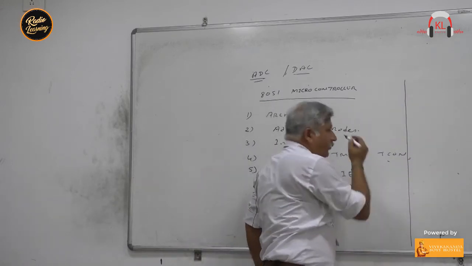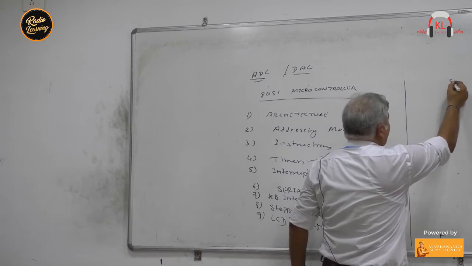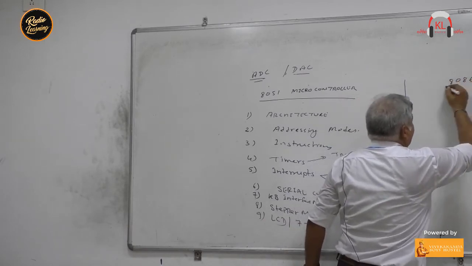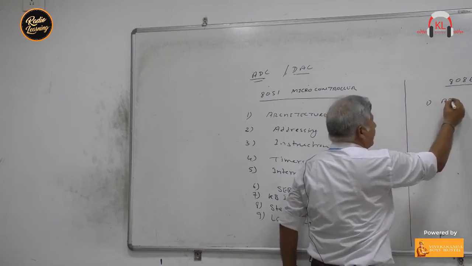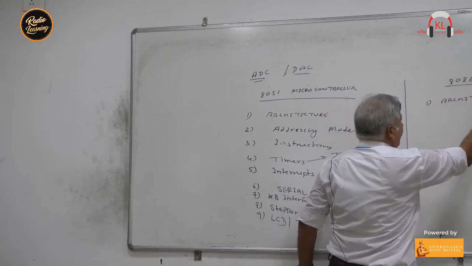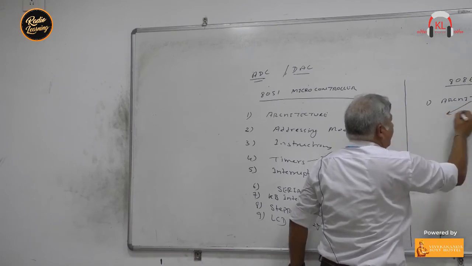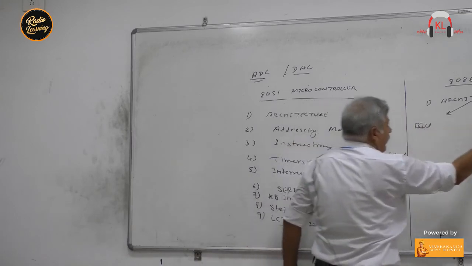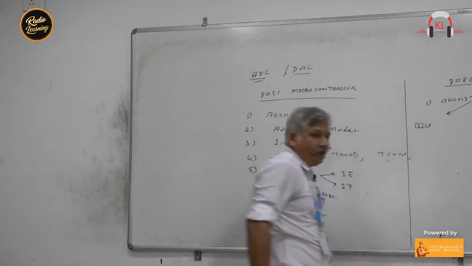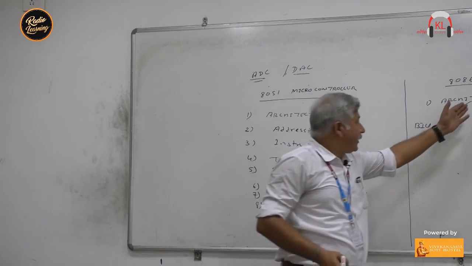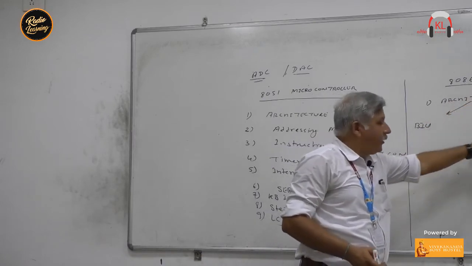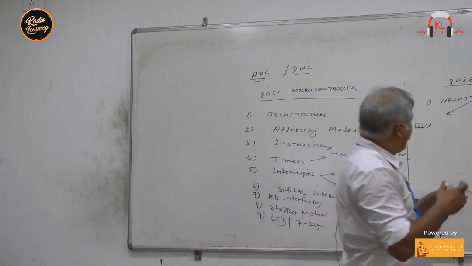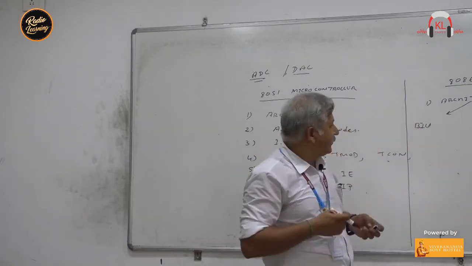Now, this is about the microcontroller. Now, in case of the microprocessor, we have to study the 8086 microprocessor. In this, first you study the architecture. In the architecture, basically you have to study the BIU, bus interface unit, and EU, execution unit. So if this architecture has BIU and EU operating in parallel, then what are the advantages and what are the disadvantages?